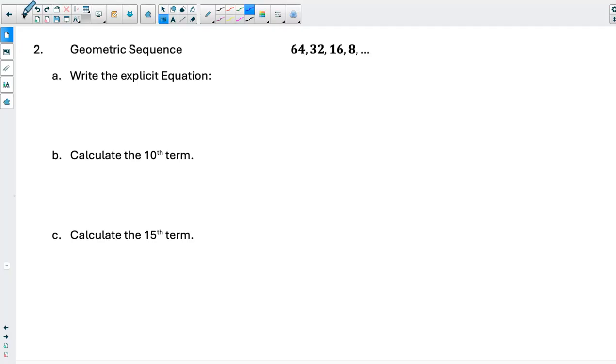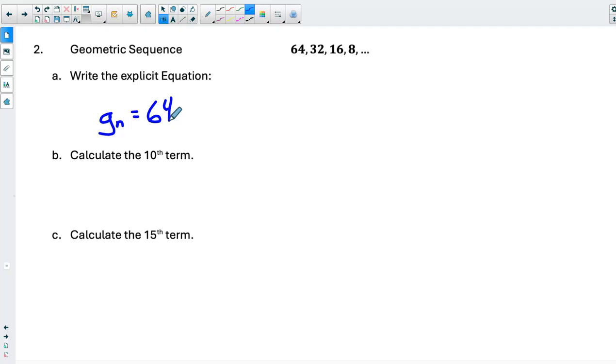So details. All right, details are going to matter here quite a bit. So when I write this out, you can tell me what's my first term? 64, nice and easy. What am I multiplying by? 1/2. That's good. So a geometric sequence, there's no division.